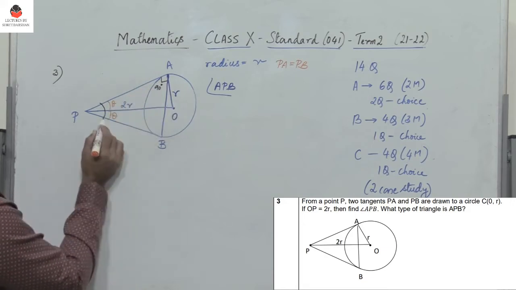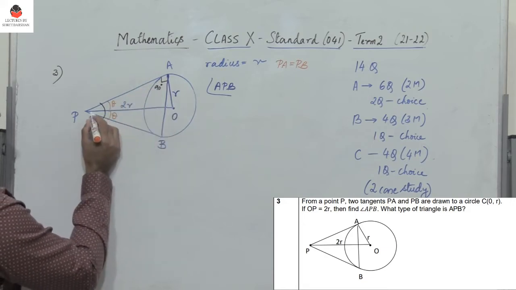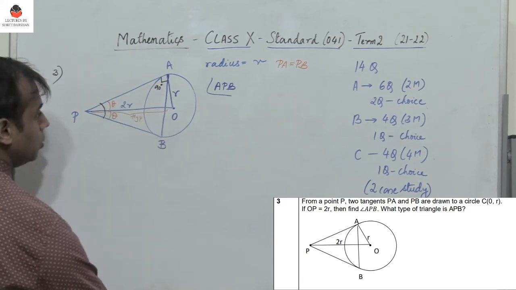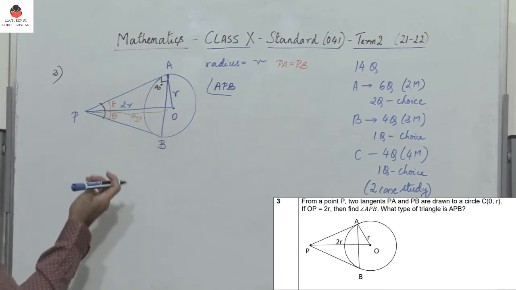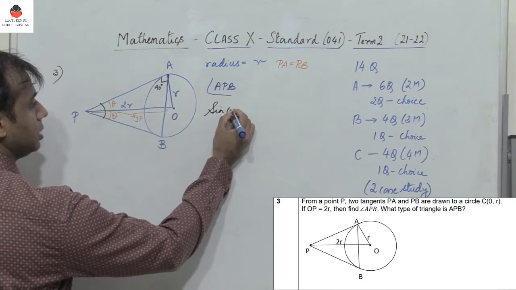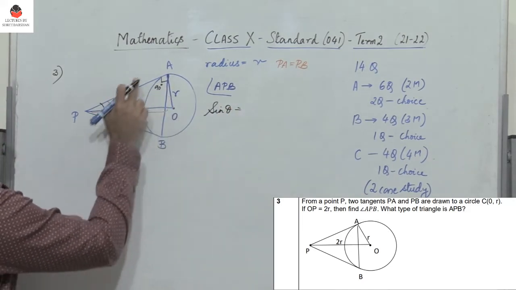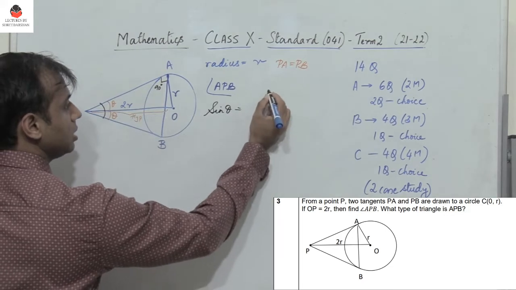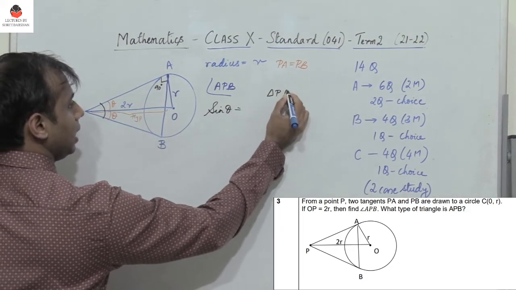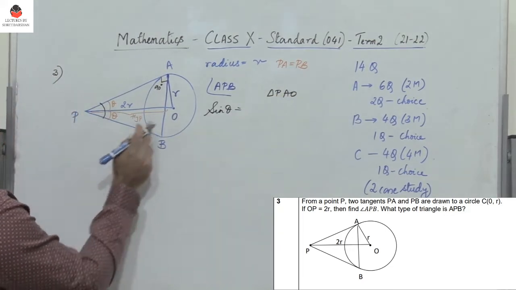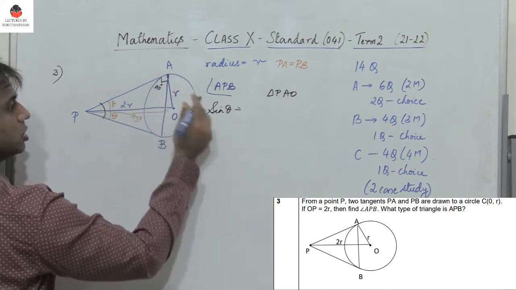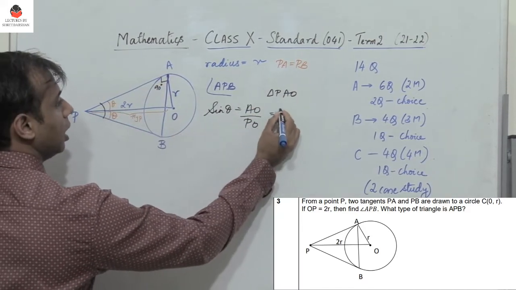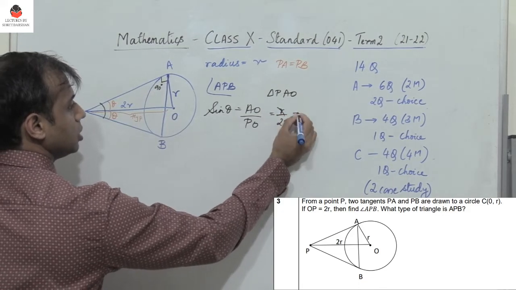And since this is 90 degrees, PO happens to be the hypotenuse. So we can find the value by using sine theta. So what is sine theta? Sine theta equals, so remember, the opposite side of triangle PAO. So sine theta is the opposite side, which is AO, divided by hypotenuse PO, which is R by 2R, which is 1 by 2.